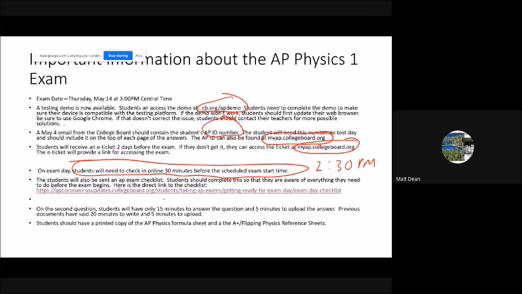The second question, you'll have 15 minutes to answer the question, 5 minutes to upload. First question, 25 minutes to answer, 5 minutes to upload. Only 2 questions. As I already said a minute ago, make sure that you have a hard copy of the AP Physics 1 formula sheet and the A+ Flipping Physics reference sheets.